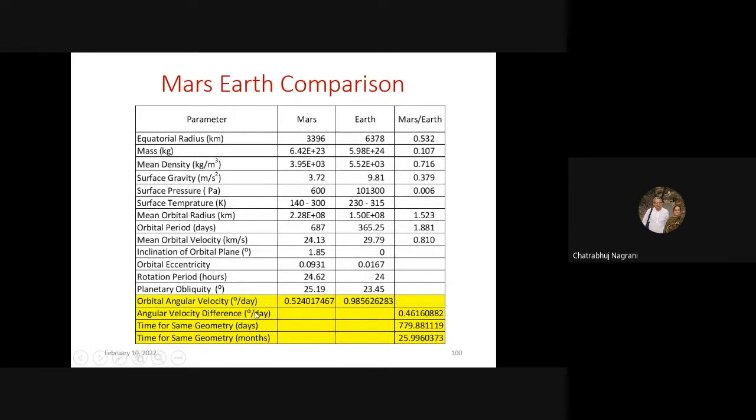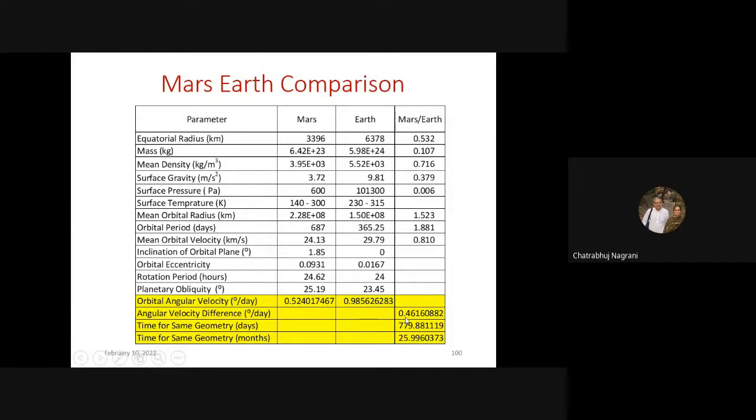With respect to the Sun, the angular velocity of Earth, as I told you, is about 1 degree per day, about 0.98 degree per day. Mars is moving at 0.52 degree per day. So what is the differential angular velocity?